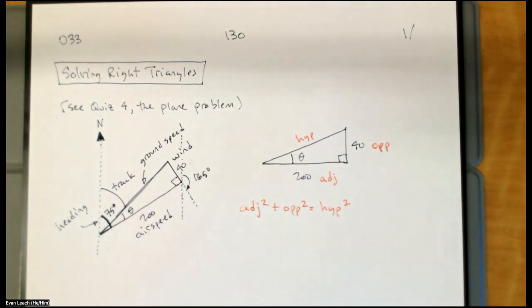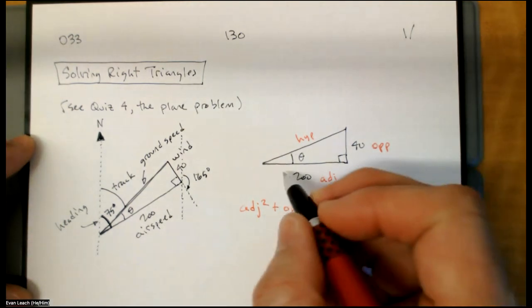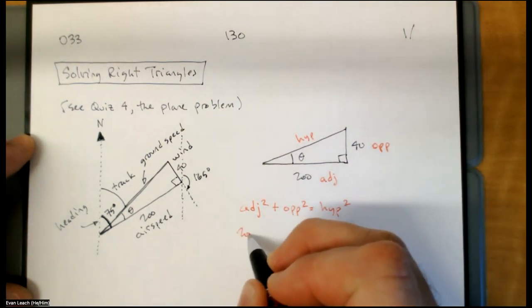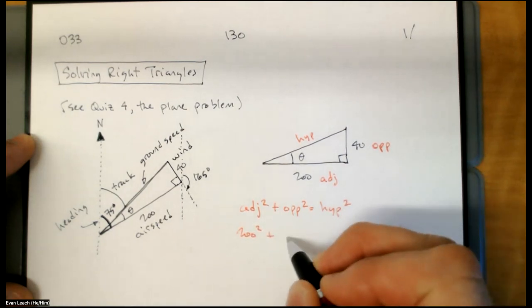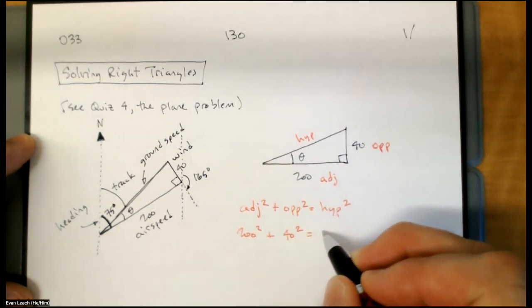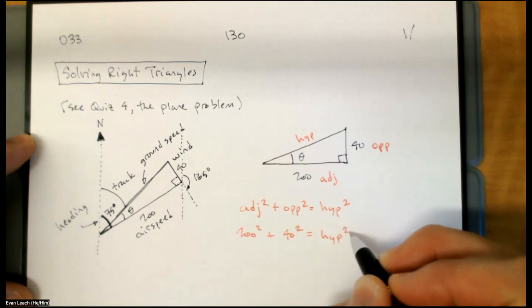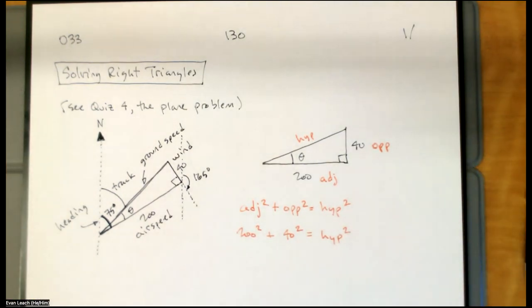Whether that's something that we want to find for this particular problem, not relevant. It's something we can find, so let's find it and then go back and see if it matters. So adjacent is 200. Opposite is 40. And this is the hypotenuse squared. So I'm going to need to take the square root of the sum of 200 squared and 40 squared.